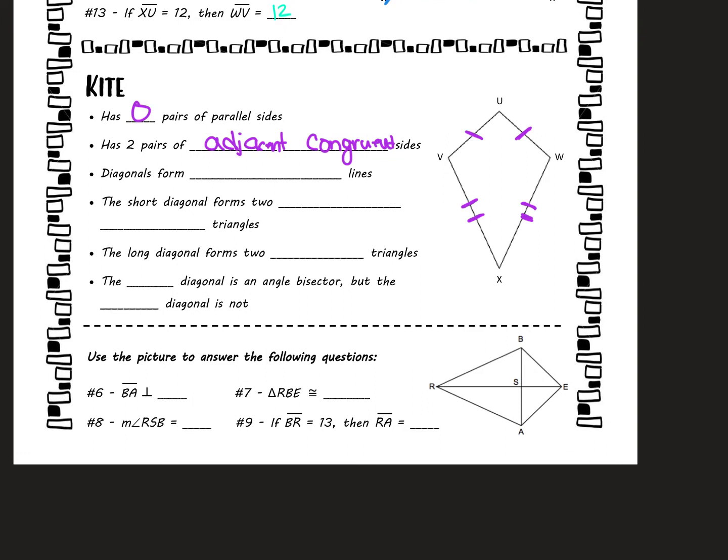The diagonals of a kite basically form across here. And the diagonals form perpendicular lines. Meaning that all of these angles here are going to be right angles and equal 90 degrees.